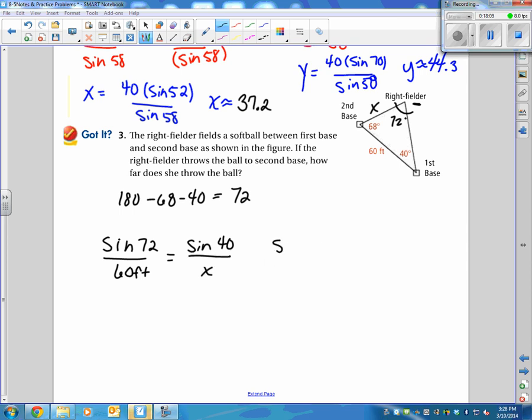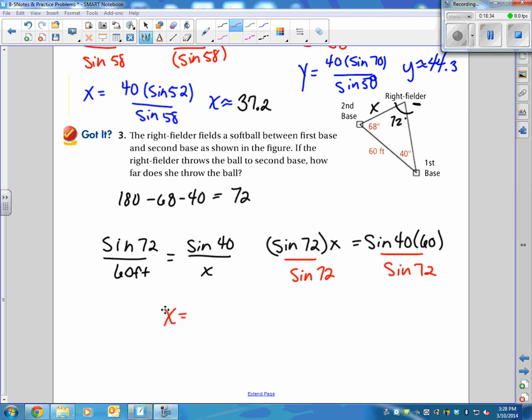We'll go ahead and cross multiply, and the sine of 72 times x is going to equal the sine of 40 times 60. I will divide both sides again to get x by itself, and we're trying to isolate the variable so that we can get a numeric value.